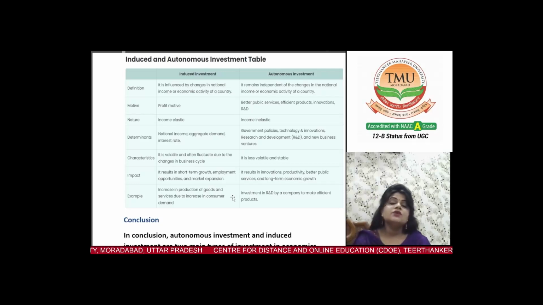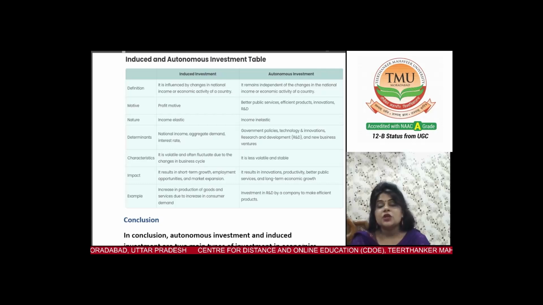An example of induced investment is an increase in production of goods and services due to an increase in consumer demand, while an example of autonomous investment is research and development by a company to make an efficient product.